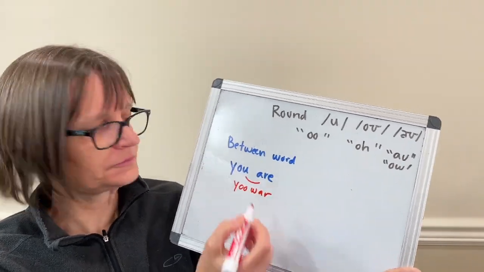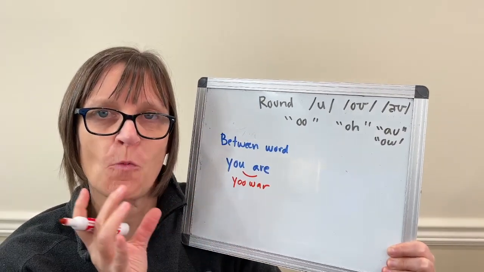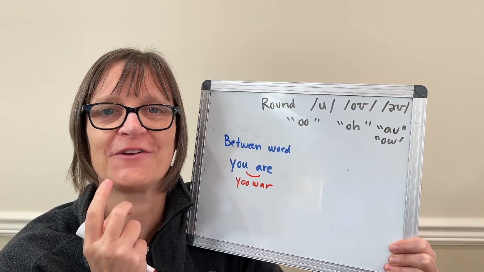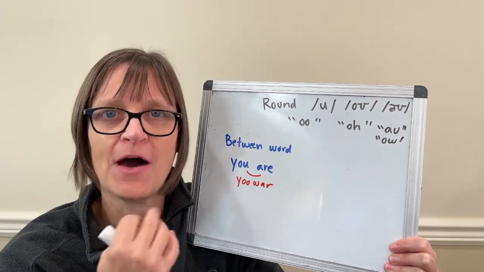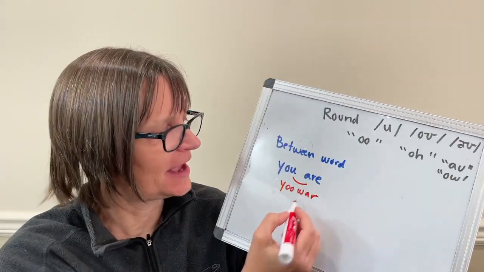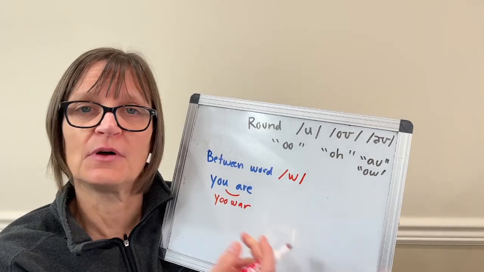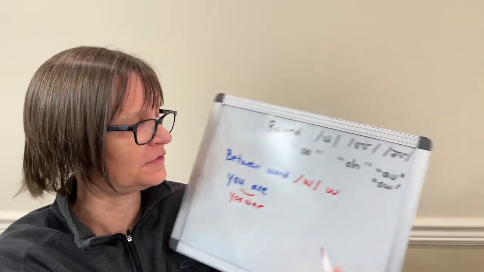So again, I don't need an extra w sound, but as I move from the rounded shape of the oo to the unrounded shape of the r, my mouth just naturally makes that gliding w sound. So in this case, I spell it with the letter W, and the sound is like a w, so same symbol for both.